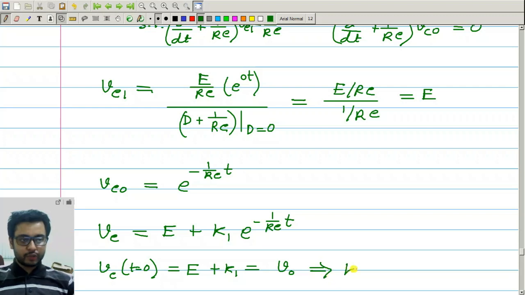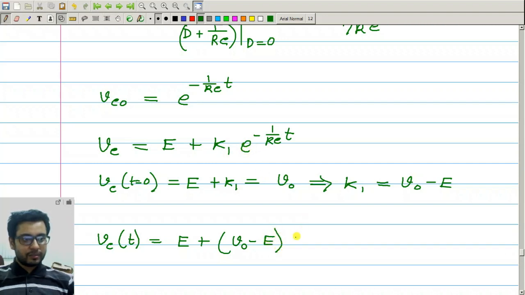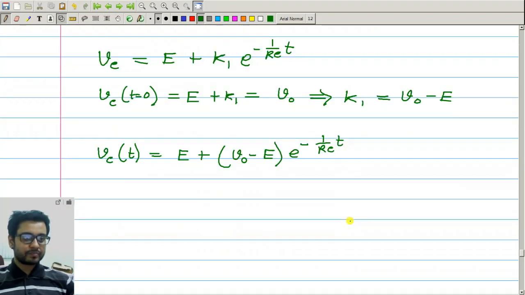So from this we get K1 equal to V0 minus E, and so the final solution is Vc(t) is equal to E plus (V0 minus E) multiplied by e to the power minus 1 by RC t.